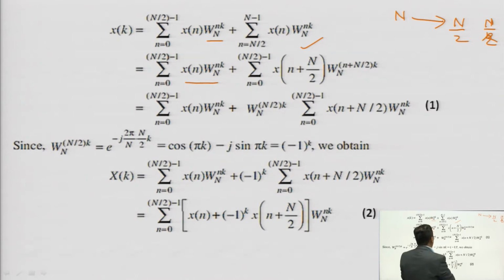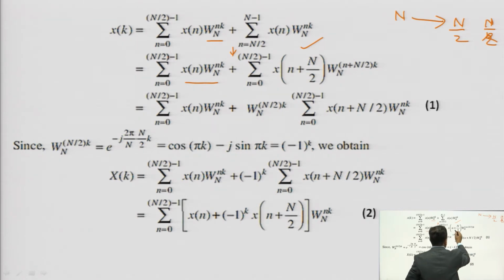For the second part also, its duration is capital N by 2, because you are going from N by 2 to N minus 1. So, it will be a summation from n equals 0 to capital N by 2 minus 1. Now, the signal will be shifted by N by 2.